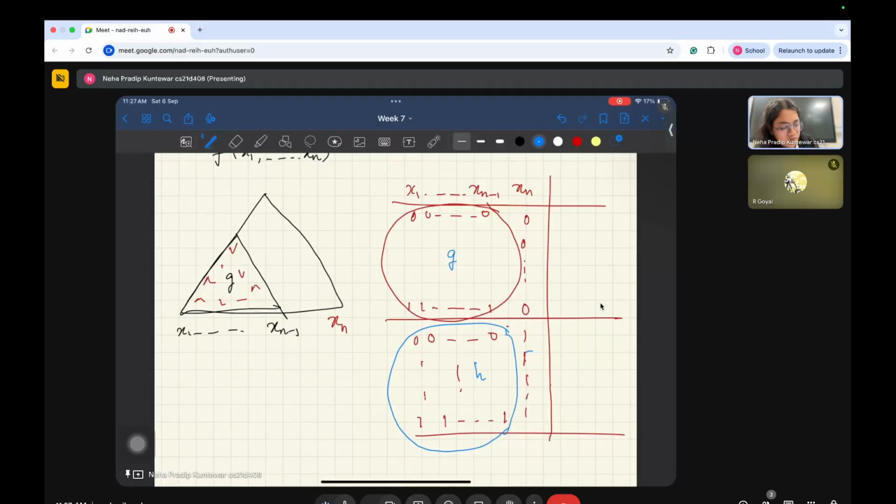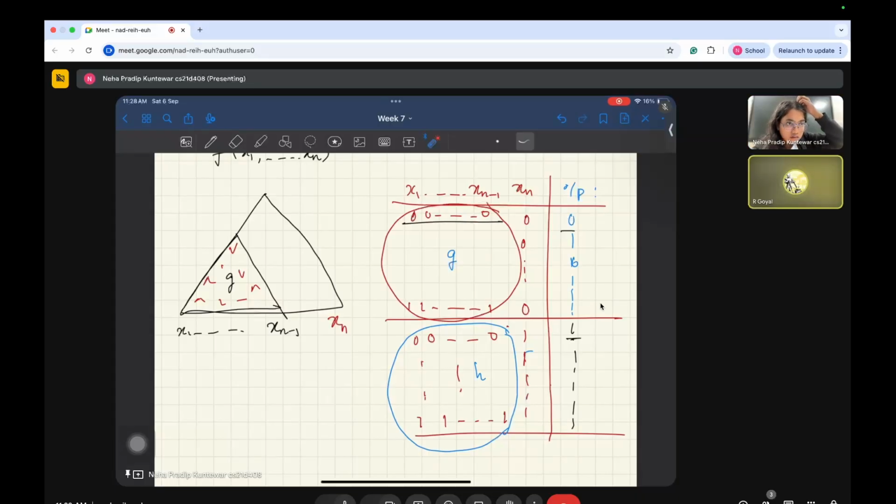We'll look at the output values here, some boolean values which respect the monotone property: if x is less than or equal to y, then you can't go from 1 to 0. But these could be entirely different. For example, for all zeros it could be a 1 here, then it will have to be a 1 everywhere. These values are independent of those values.